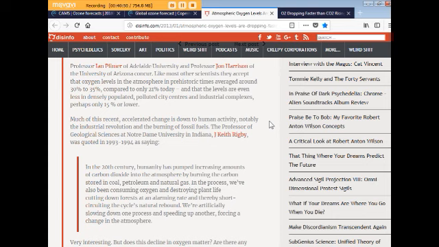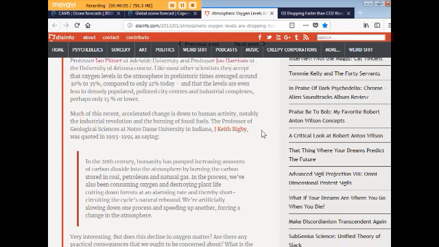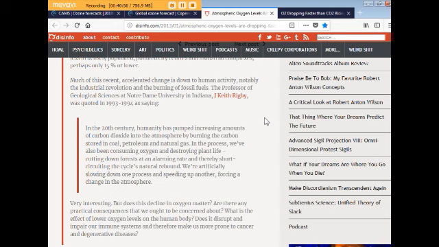Much of this recent accelerated change is down to human activity, notably the Industrial Revolution and the burning of fossil fuels. The professor of geological sciences at Notre Dame University in Indiana, J. Keith Rigby, was quoted in 1993 and 94 saying, "In the 20th century, humanity has pumped increasing amounts of carbon dioxide into the atmosphere by burning the carbon stored in coal, petroleum, and natural gas.